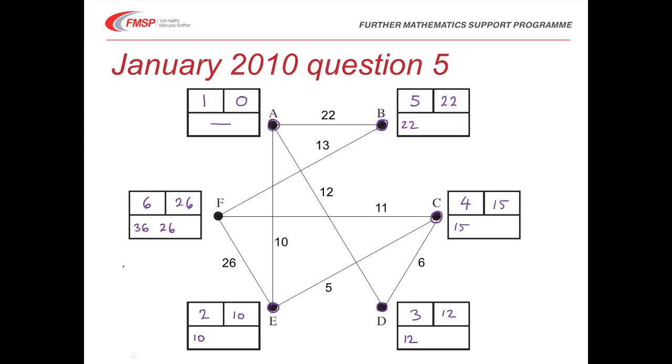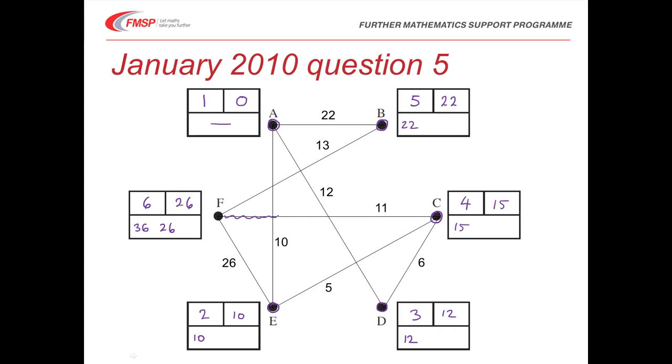Now I need to work back to find my route, and the route will be the only route on which the calculations are correct. So for example, 26 take 13 isn't 22, so it's not that one. 26 take 11 is 15.